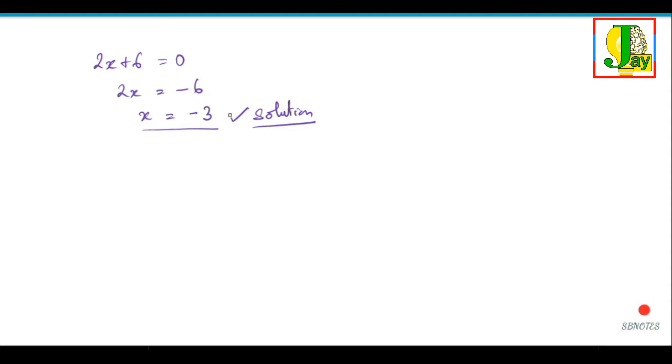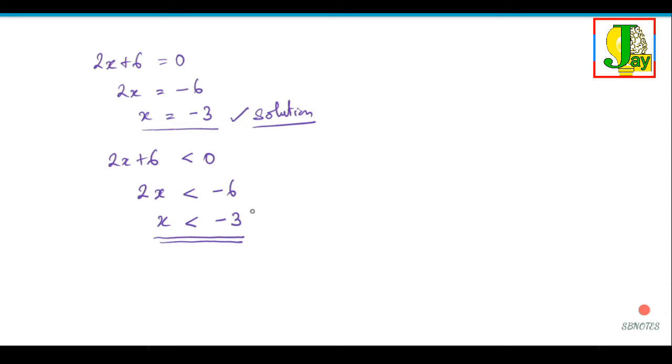In case of inequation, it will be less than or greater than something else. Let us take the same thing as less than 0. Now it becomes 2x is less than minus 6, then x is less than minus 3. So x is less than minus 3. What does this mean?